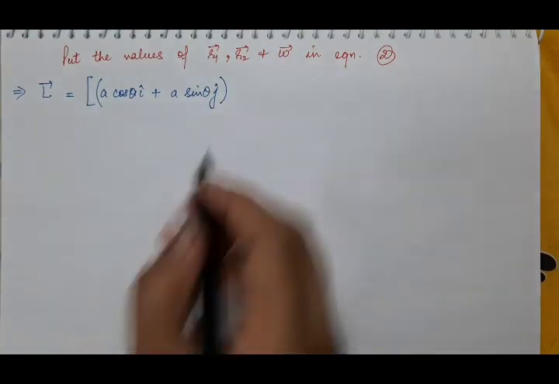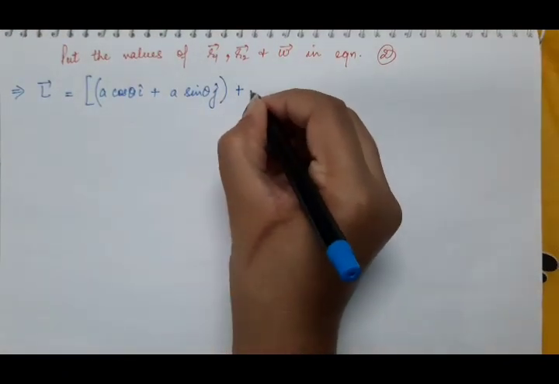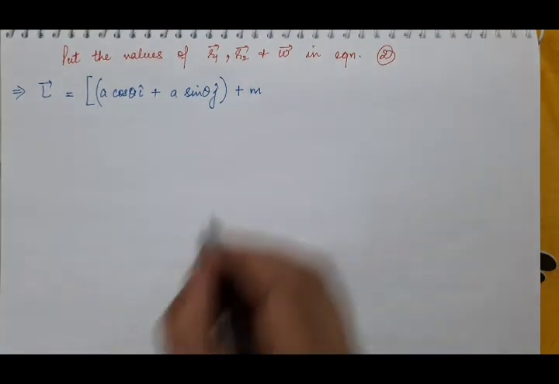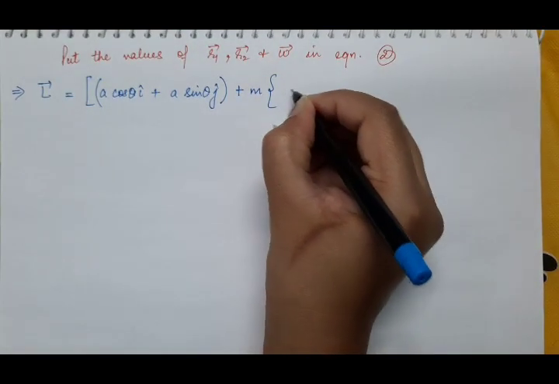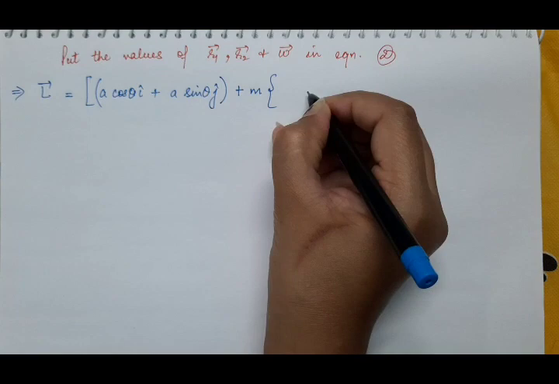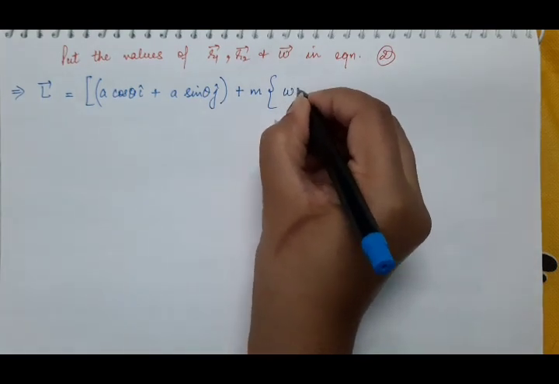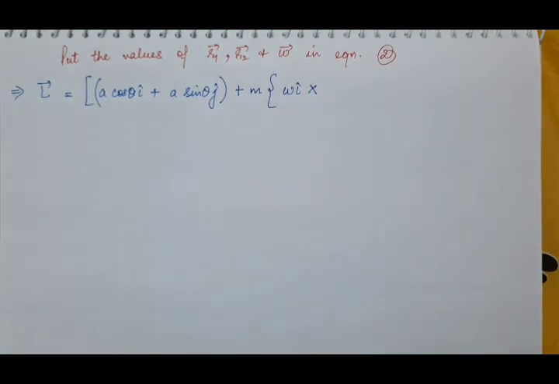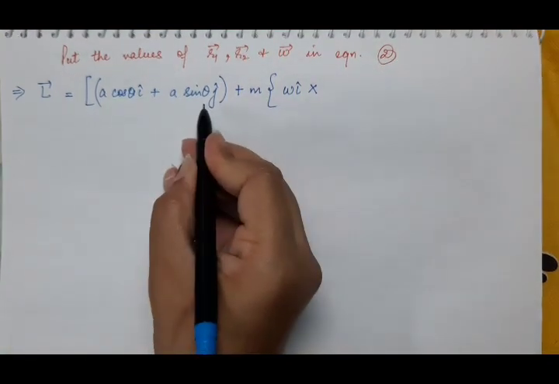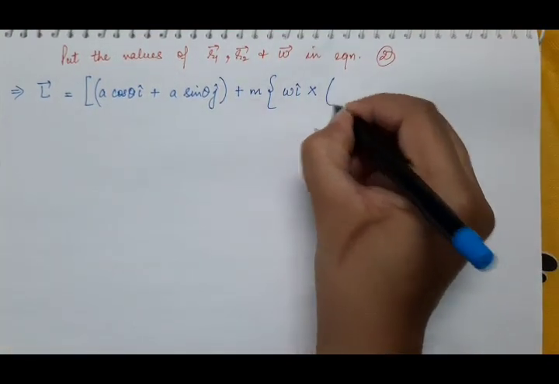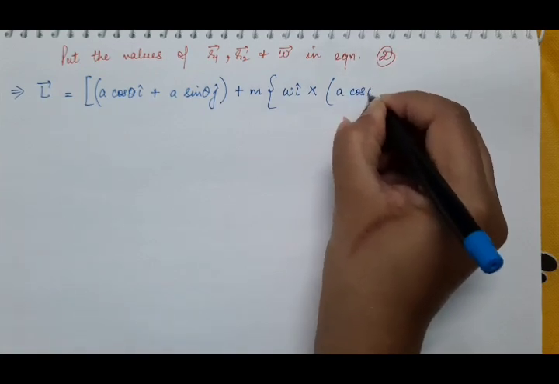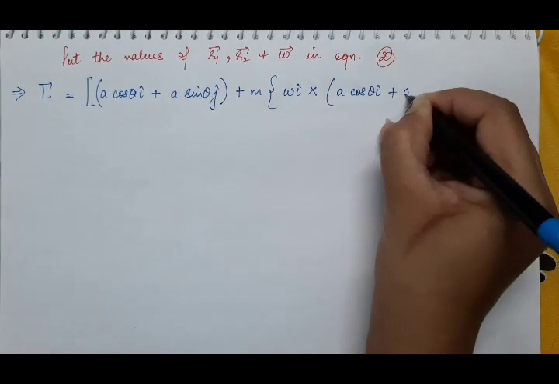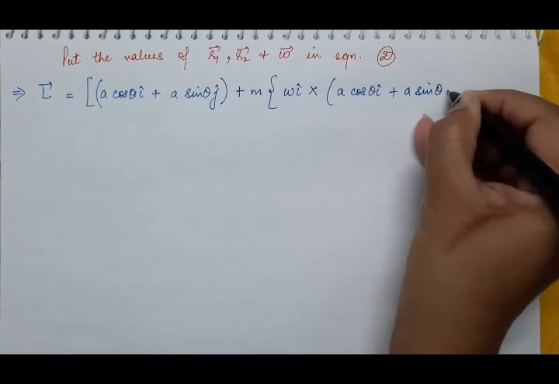This is r1, plus m, then omega cross r1. So what is the value of omega vector? It is omega i cap. What is the value of r1? Put this value again, a cos theta i cap plus a sin theta j cap.